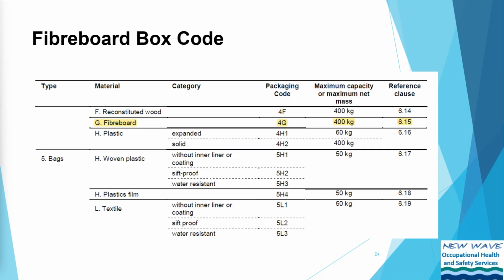From Table 1, again of the standard 14850, we see the code is 4G. And you see that such boxes have a maximum capacity of 400 kilograms. Since our boxes hold 10 liters of methanol, or roughly 10 to 12 kilograms, we are well below the maximum.